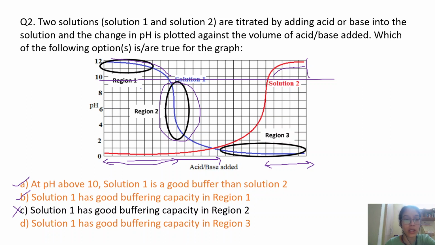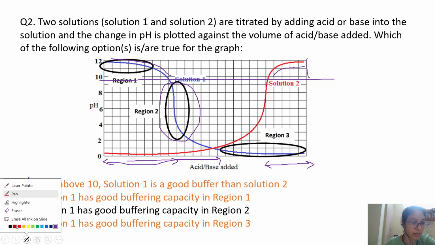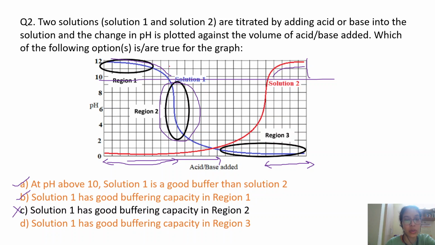So solution 1, I'll change the color, is titrated by acid, because as the amount of acid or base is increasing, the pH is decreasing. Now coming to solution 2, as the amount of acid or base is increasing, the pH is increasing. So obviously, it is being titrated with base.